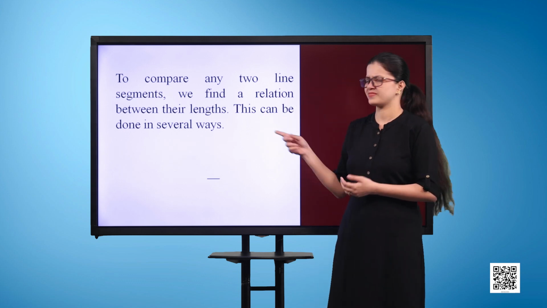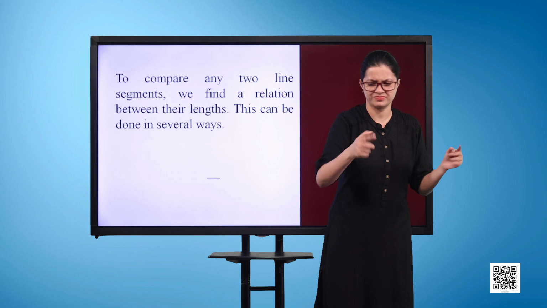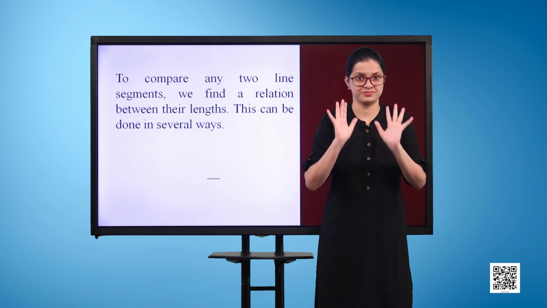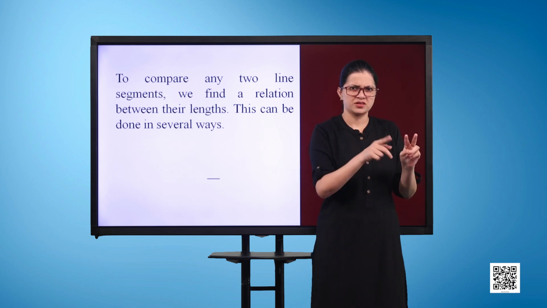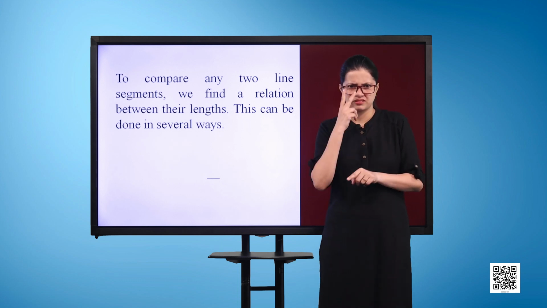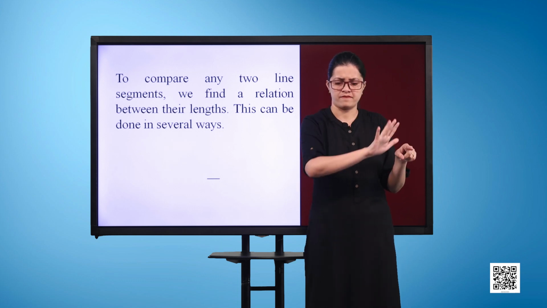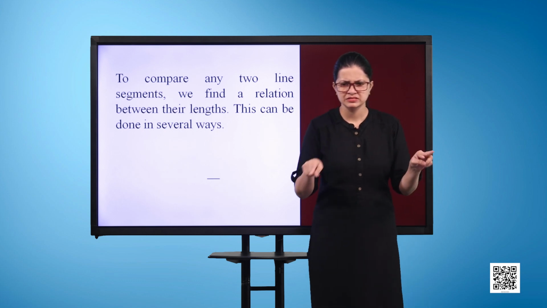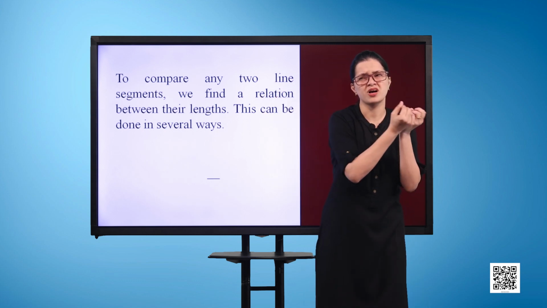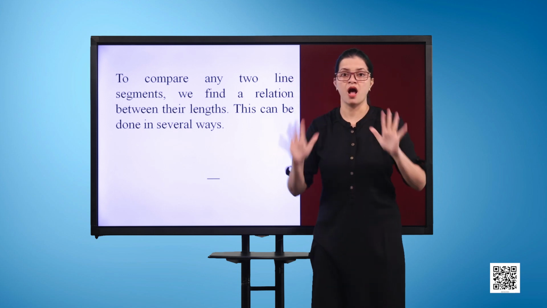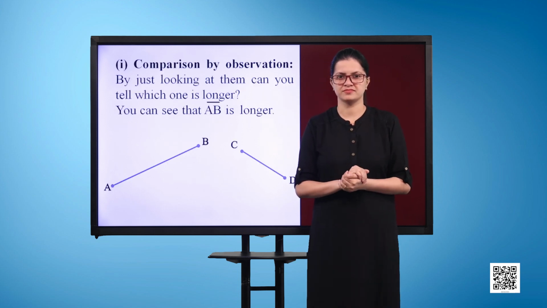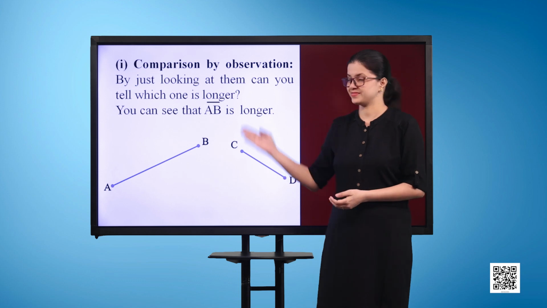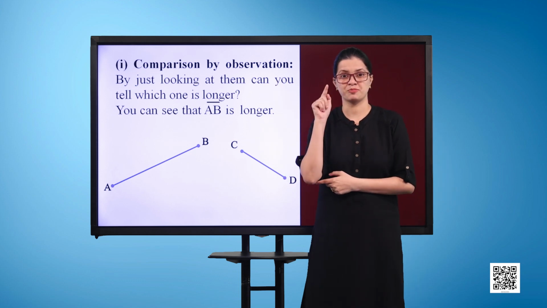To compare any two line segments, we find a relation between their lengths. This can be done in several ways. (1) Comparison by observation.